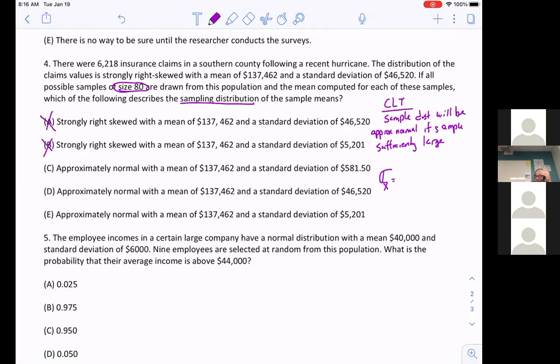We know it's a mean, so the sampling distribution standard deviation is going to be my population standard deviation divided by the square root of n. Either you know where to look for it, or you just know it. So in this case we have 46 over the square root of 80. So we end up with some number. Looks like I have E circled.